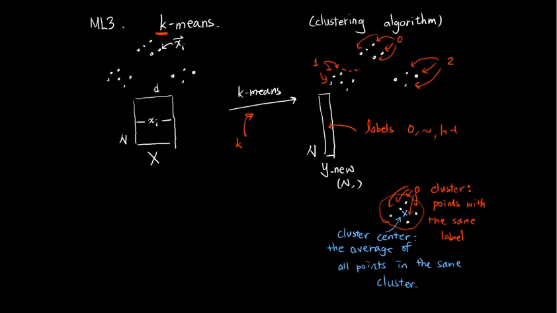Okay, and it is also called the means. Means means average, or you can call that the center. And so k-means means you have 1 means, 2 means, and 3 means. And you have k-means after the training of the model.